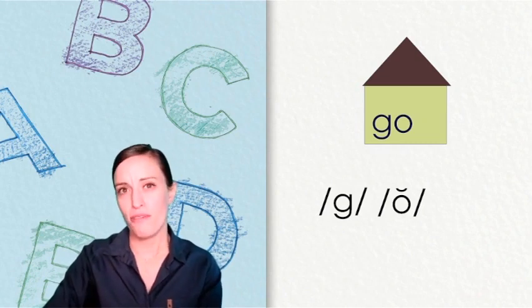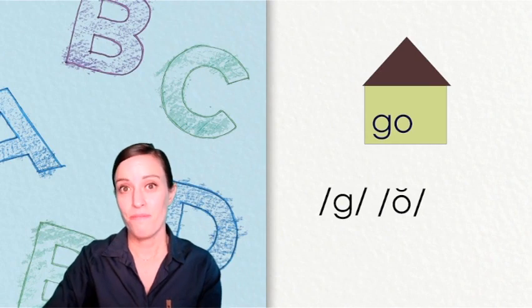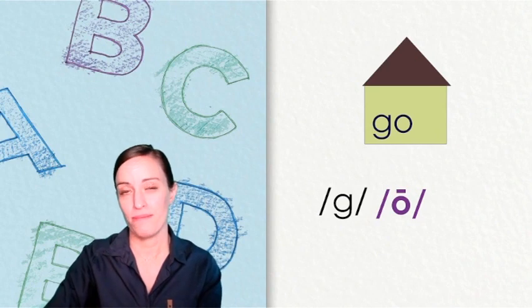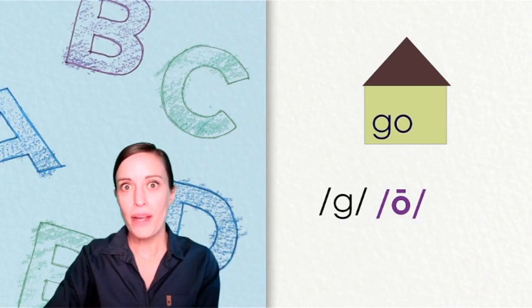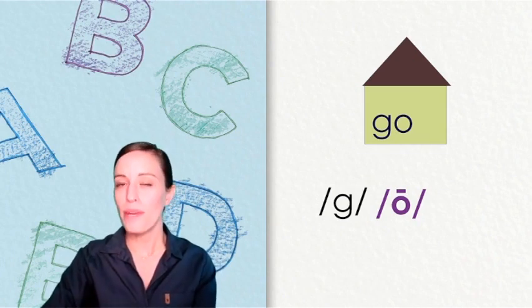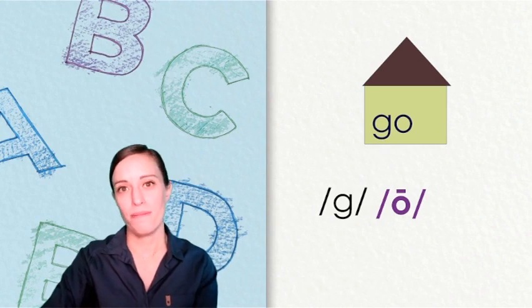What is this high frequency word? Go. How has the vowel O changed from the word got to the word go? Now it's a long vowel sound. If we look at the house, we can see that the door is open.